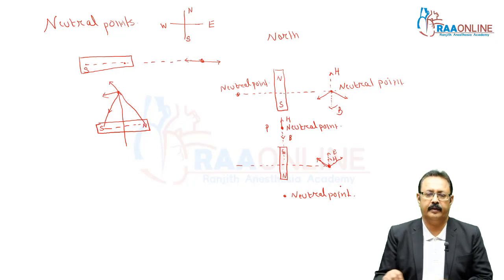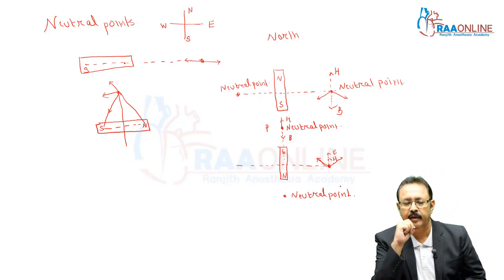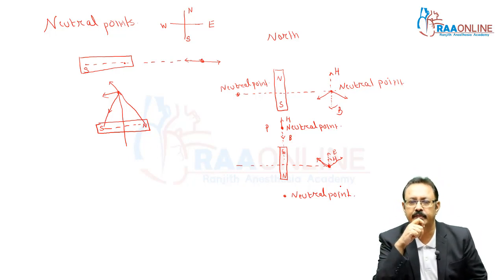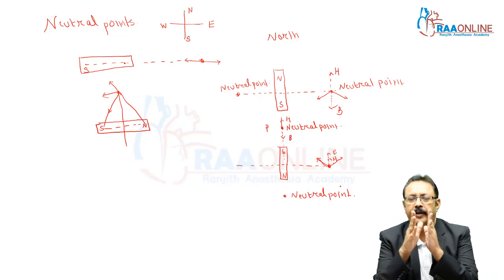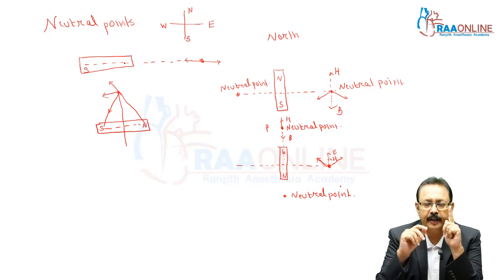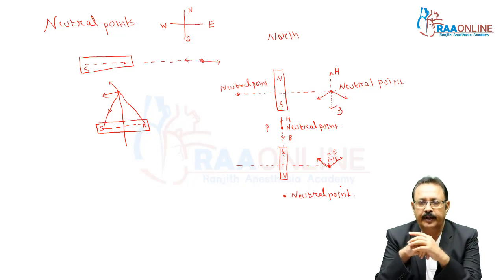So remember, if you are keeping your magnet in the east-west direction, you will get no neutral point. But if you are keeping your bar magnet in the north-south direction, you will get neutral points.